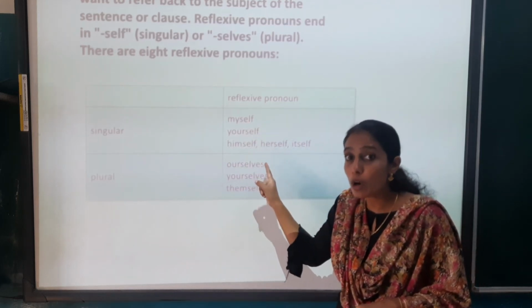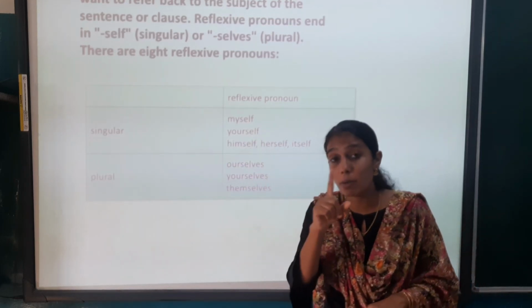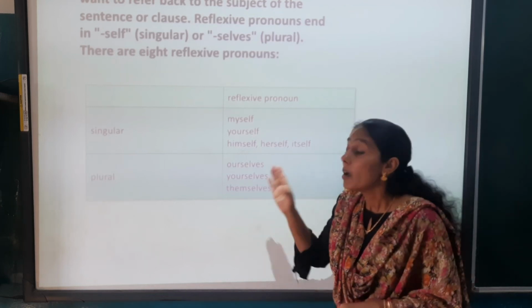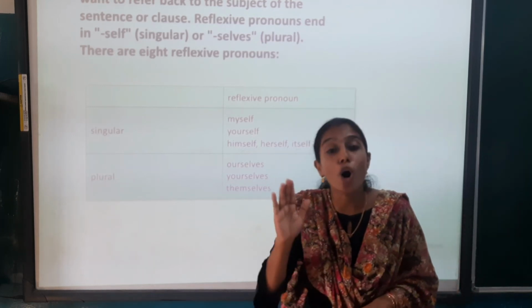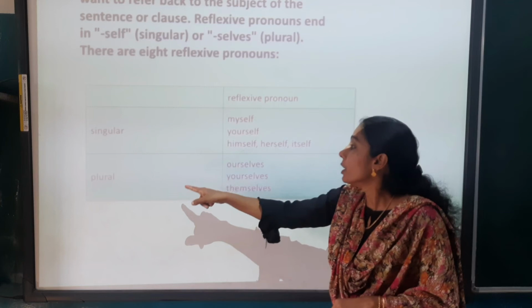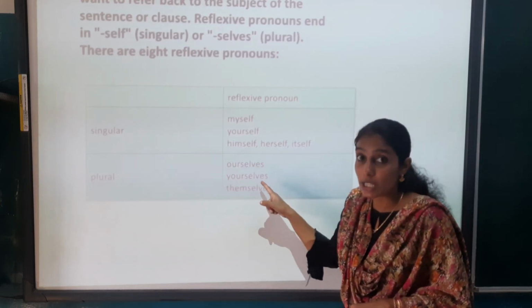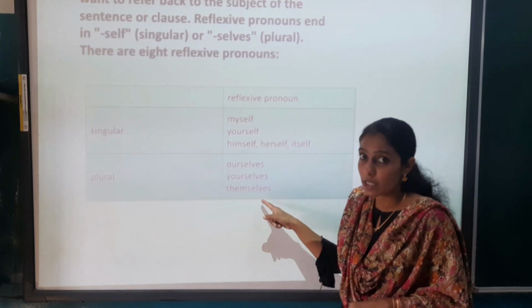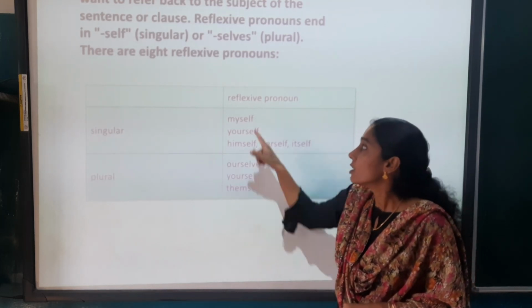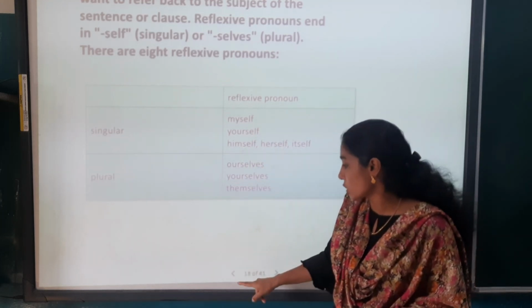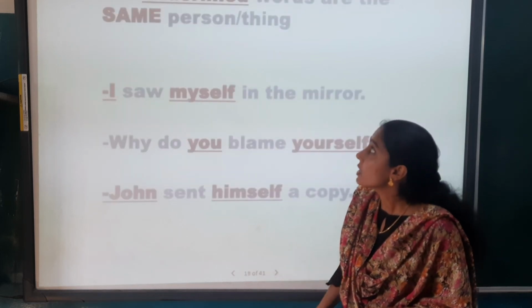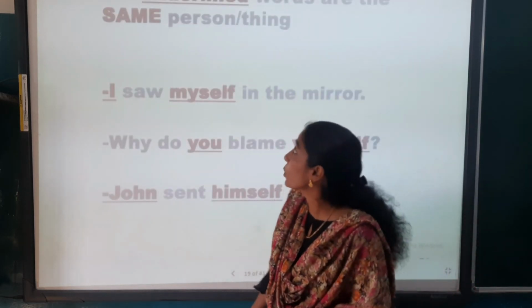SELF दिख रहा है आपको? ये सब singular के लिए जब हम एक के बारे में बात कर रहे हैं. When we are talking about 2 or more than 2, the plural will be VES. Ourselves, yourselves, themselves. Is that clear, children? So these are the examples of reflexive and emphatic pronoun.